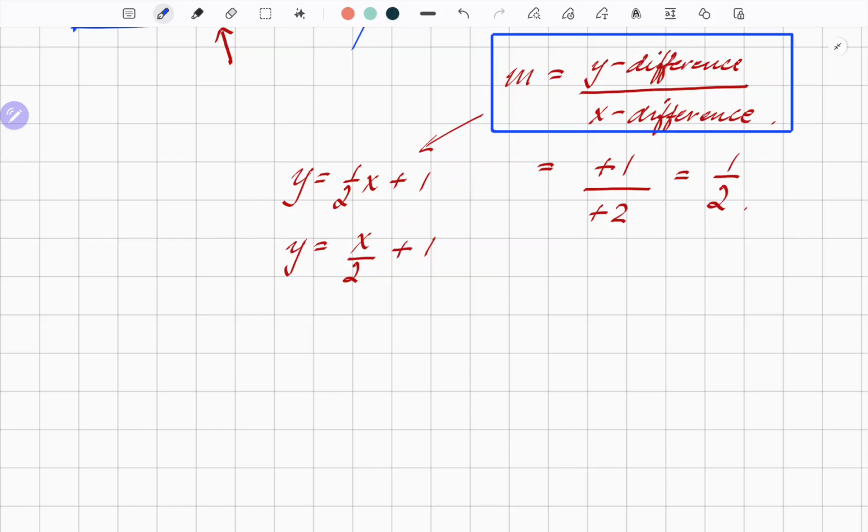And then the other thing I wanted to show you, I think in your questions, you have a line, let's say, as an example, a line of gradient three, and it passes through, I don't know, a point.